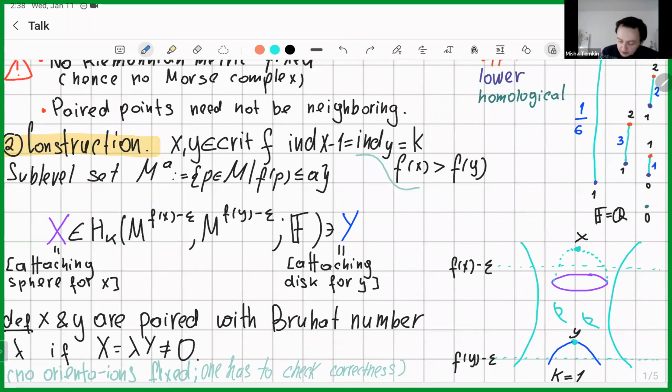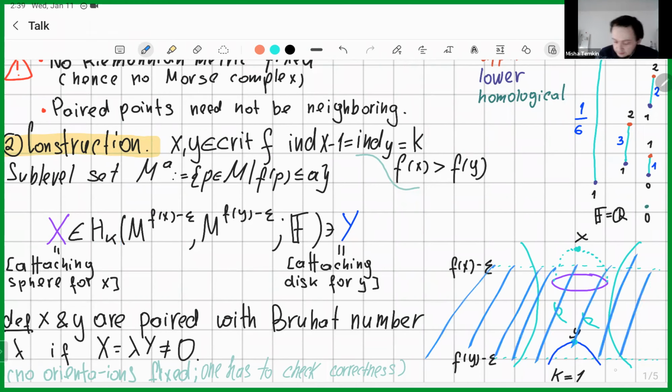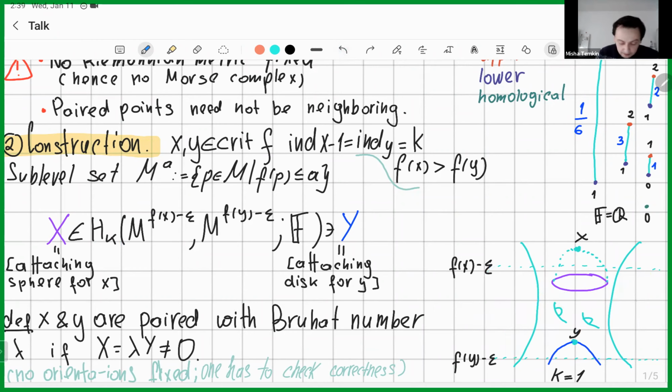Schematically, this subspace is everything which is slightly below x. The smaller element in the pair is M^(f of y minus epsilon), everything strictly below the height of y.